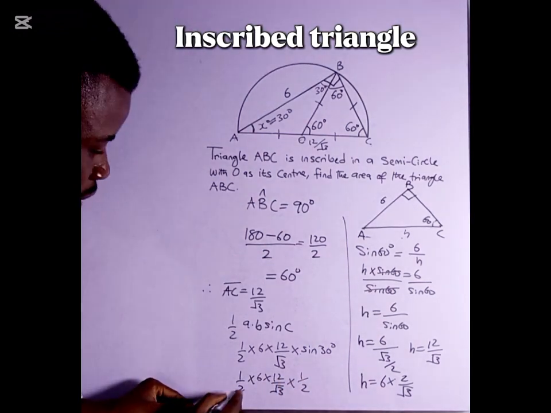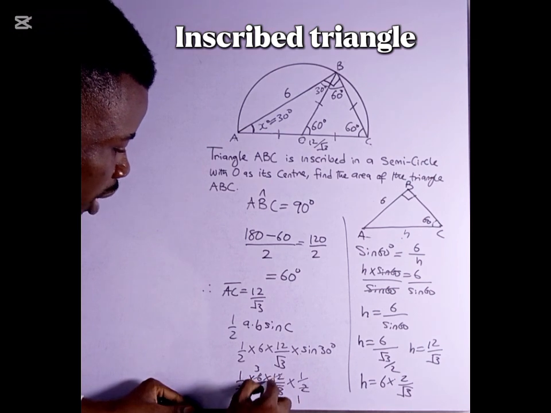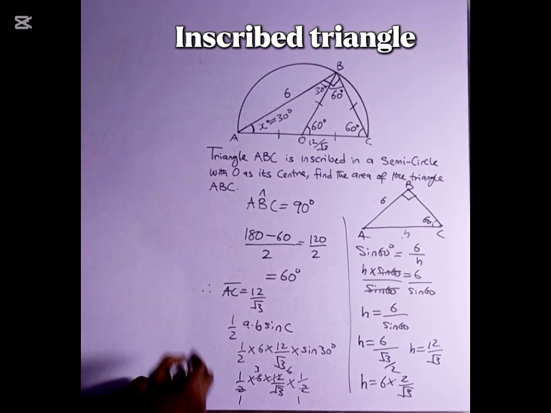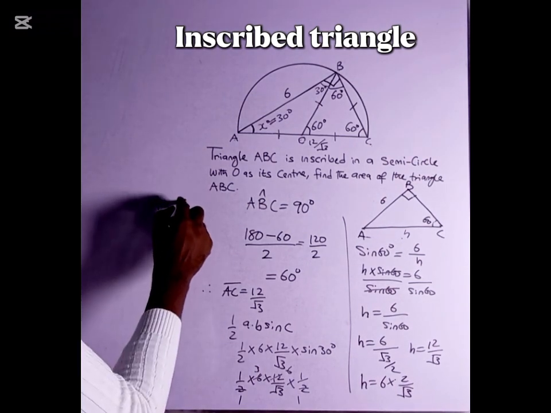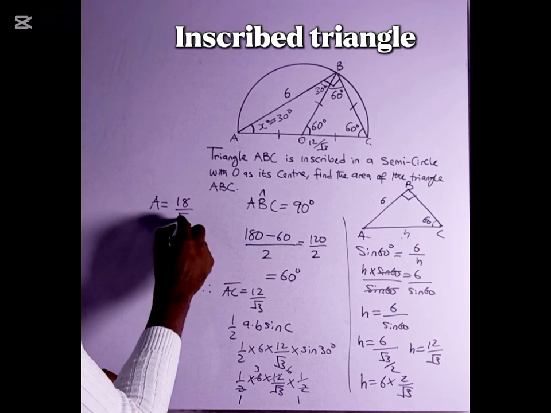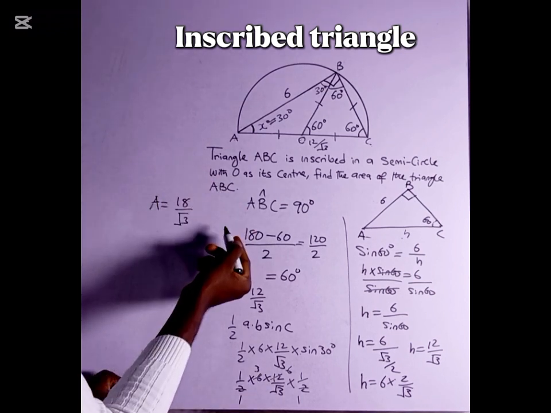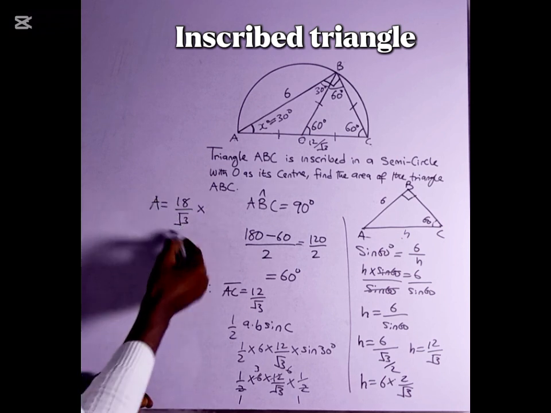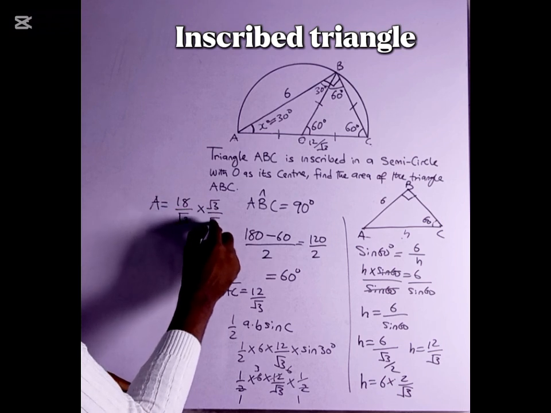So I can do my division. 2 can go here, 1, 2 can go here, 3, 2 can go here, 1, 2 can go here, what? 6 times. So 6 times 3, so my area becomes what? 18 over root 3. 6 times 3, 18 divided by root 3. I can now rationalize. If you are dividing by a surd, you can rationalize by multiplying by root 3 over root 3.